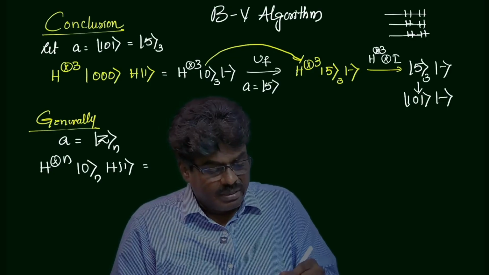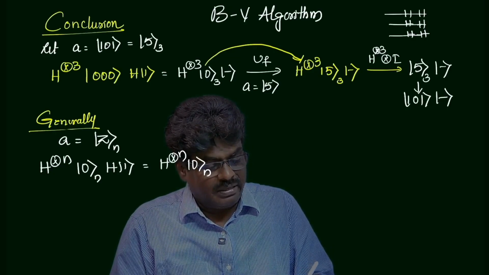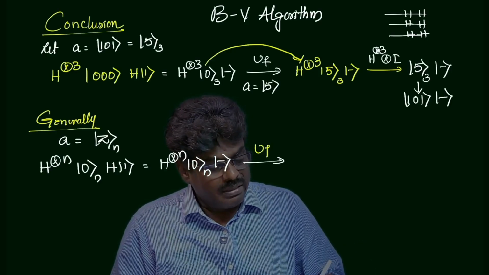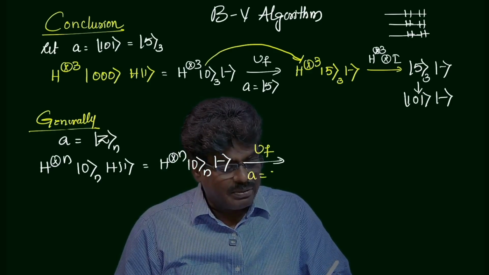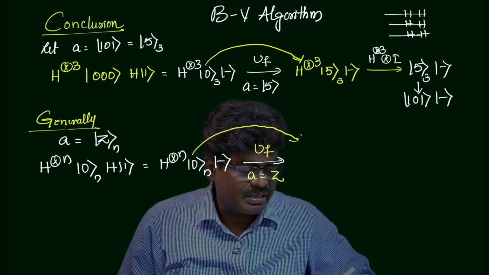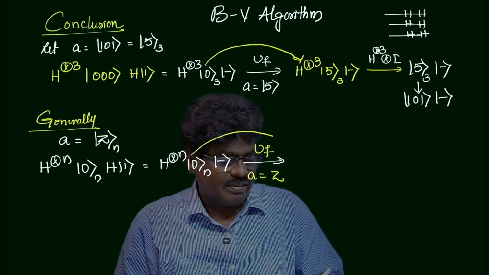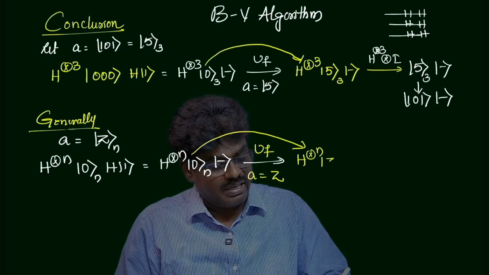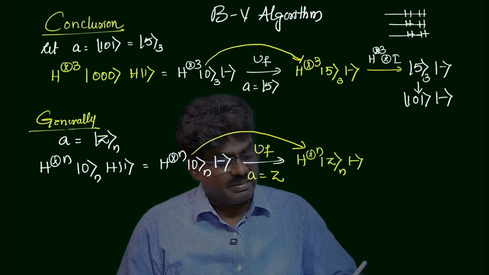Okay, let me write here H tensor n 0 n minus, superposition. Now under this unitary operator, our hidden variable a equal to Z here. So that's why this 0 state, that n qubit string, this will be H tensor n Z and minus as it is.